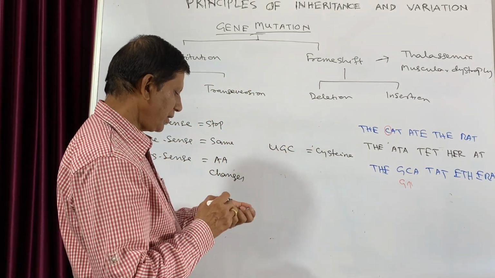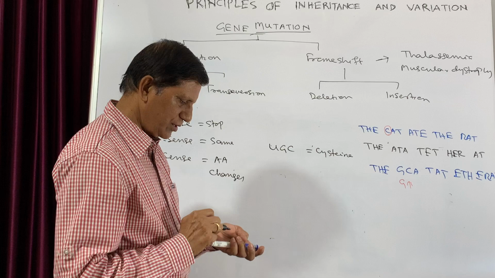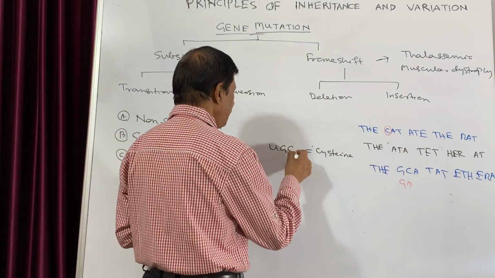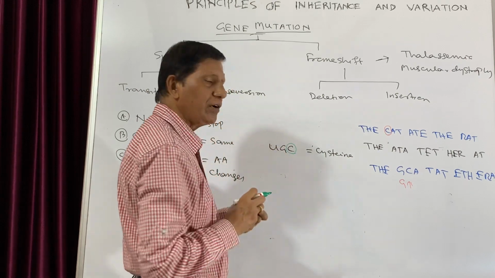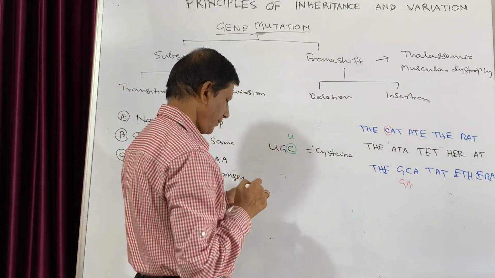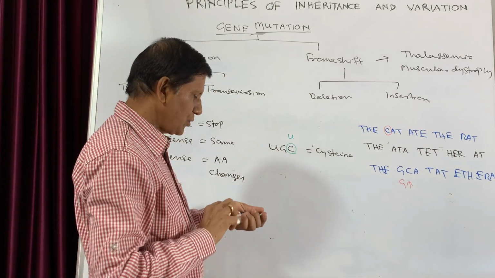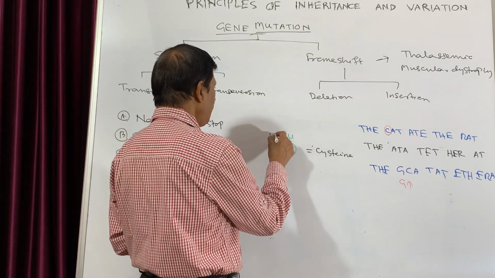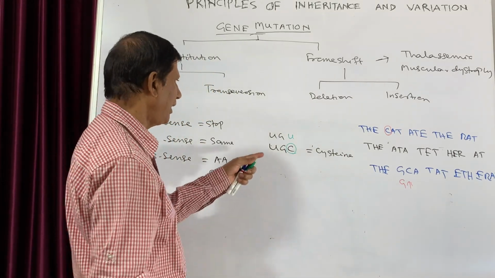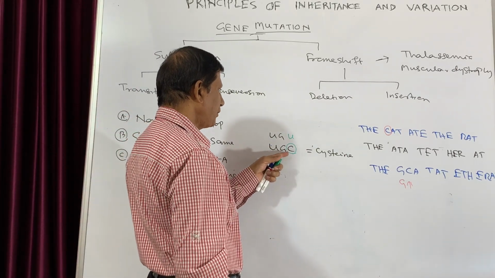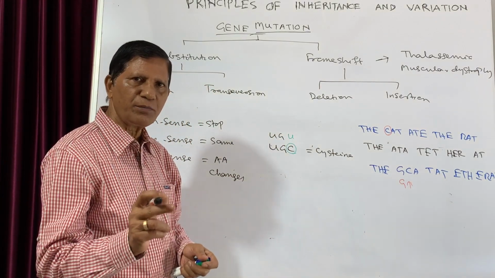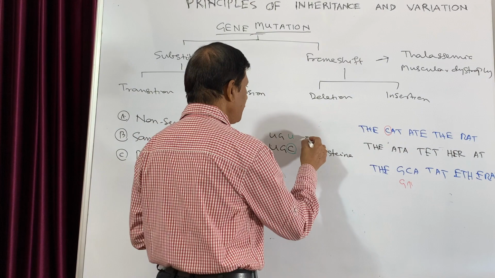Now suppose this C will change, and it will change to what? It will change to U. So the remaining two will be UG. Now it will be UGU. And both UGC and UGU, they are synonyms for the same amino acid, that is cysteine.